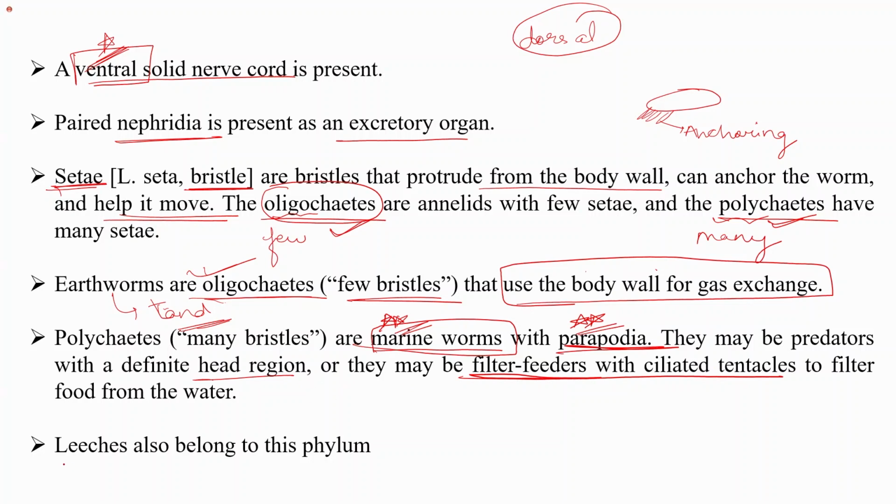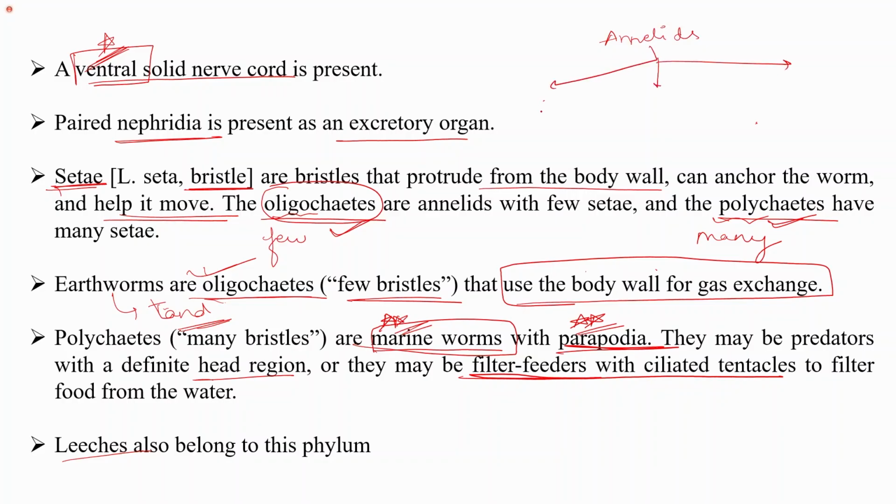The next category is leeches. So basically what we can say is that this complete phylum of annelids can be divided into three types: oligochaetes, polychaetes, and the leeches. So these are the main classes of the phylum annelids.